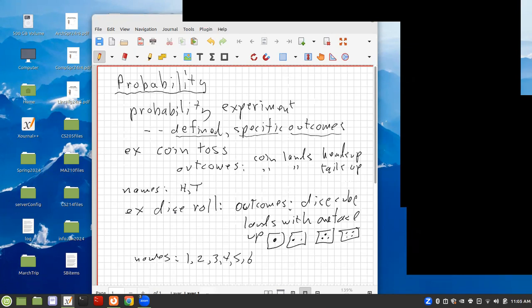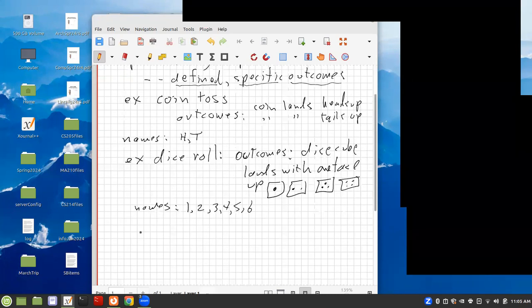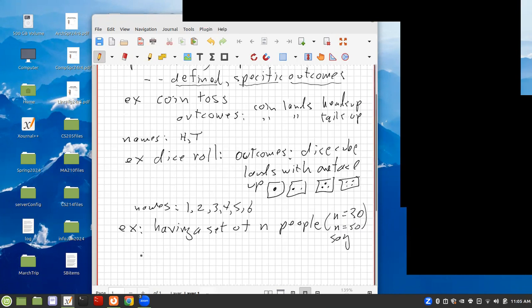For example, at the end of the last class we looked at the experiment of having a set of n people, where n could be 30 or 50 or 100 or 1,000, and asking for their birthdays, meaning the day of the year they're born, not the date.